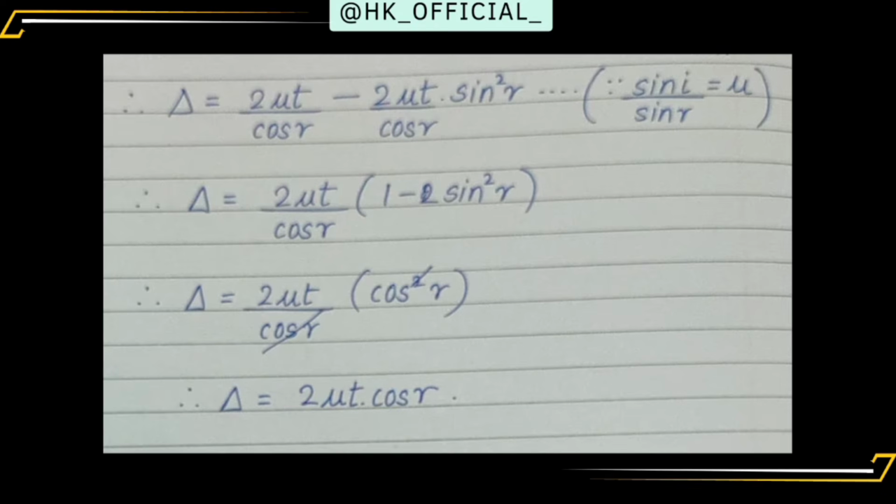Similarly, 1 minus sin square theta is equal to cos square theta. The same thing we apply here. Then delta will be equal to 2 mu T upon cos R into cos square R. Just by cancelling cos R, we get the final equation, delta is equal to 2 mu T cos R.